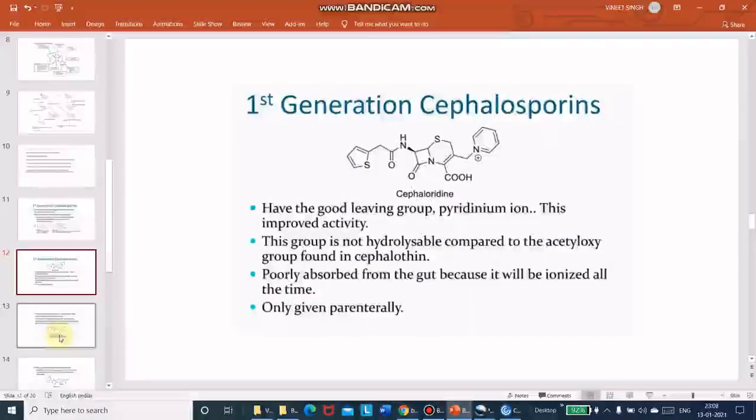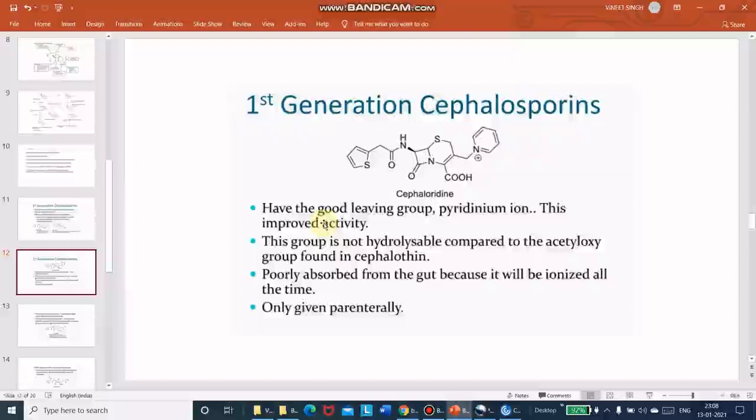तो क्या है सेफेलोराइडिन, ये भी फर्स्ट जनरेशन का सेफेलोस्पोरिन है, सेफेलोराइडिन। इसके पोजीशन नंबर 3 पे सब्स्टिट्यूशन है और यहाँ पे पोजीशन नंबर 7 पे भी। Have a good leaving group pyridinium and this improves activity.